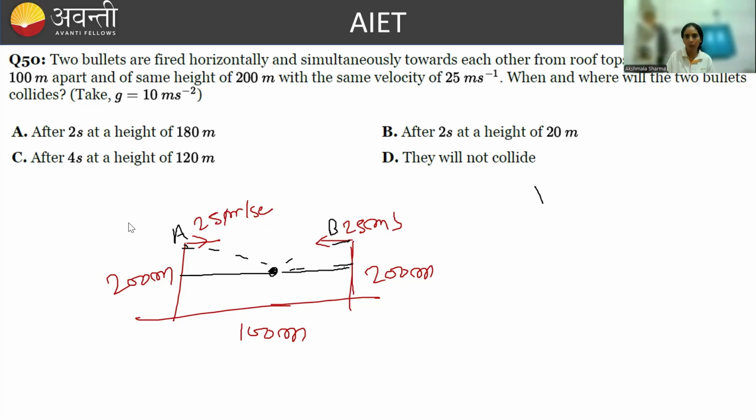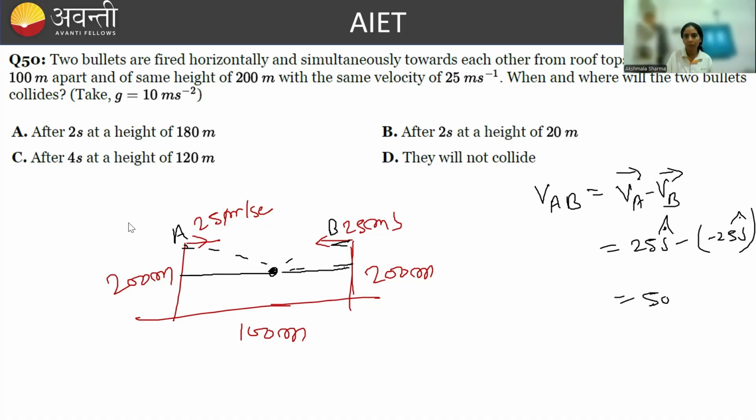Suppose this is bullet A and this is bullet B, and I am talking about the velocity of A with respect to B. Whenever you calculate something with respect to another, that other is assumed to be at rest. So the velocity of A with respect to B is VA minus VB. Velocity is 25 i cap for this and minus 25 i cap for the other, because their directions are opposite.